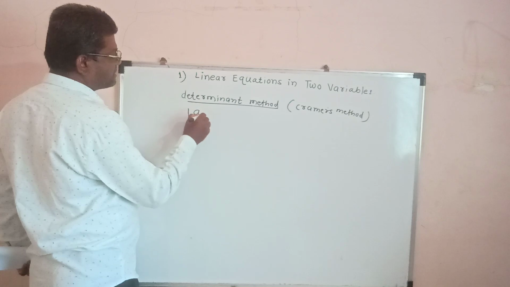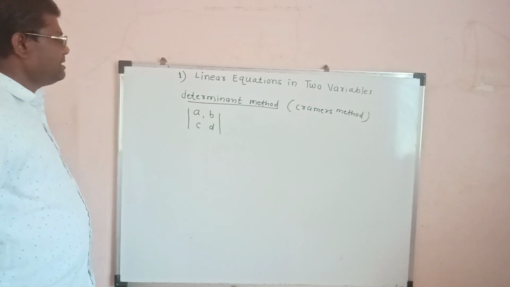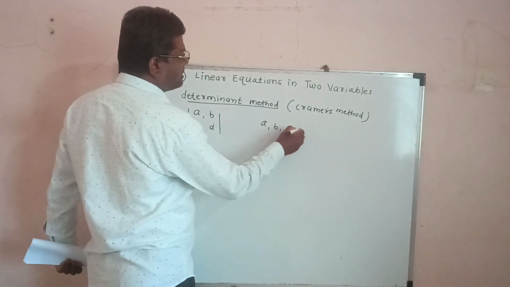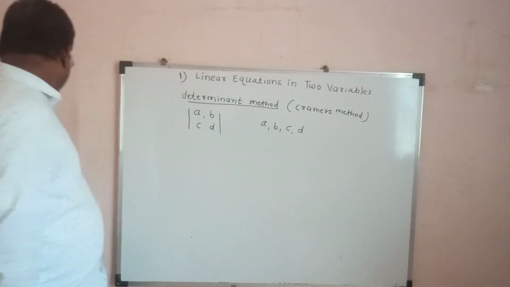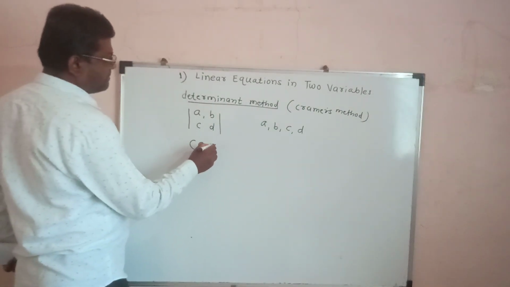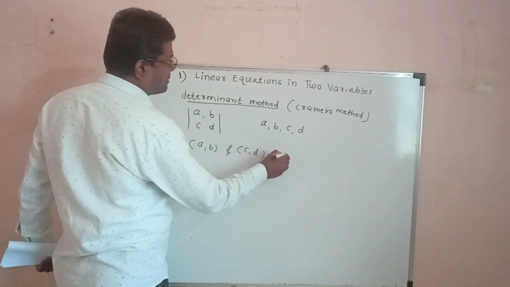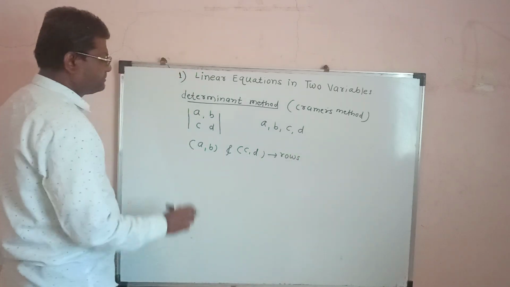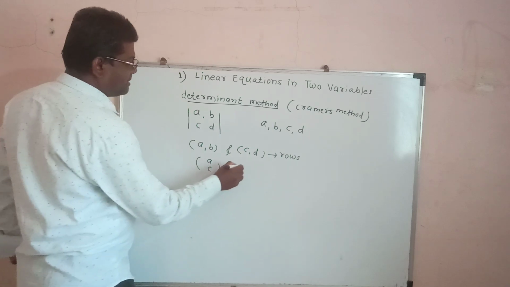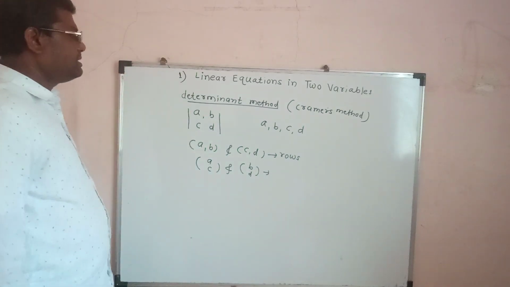If we write the numbers a, b, c, d in this way, then it is called the determinant of the numbers a, b and c, d. The numbers a, b and c, d are called rows of the determinant, and the numbers a, c and b, d are called columns of this determinant.